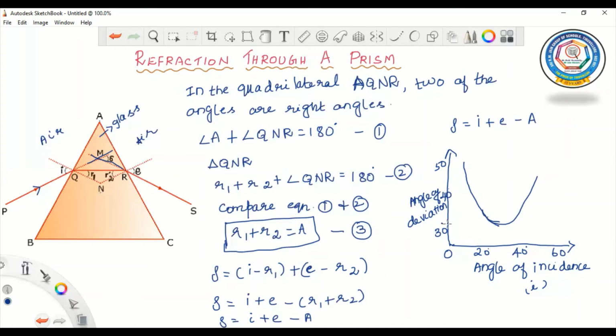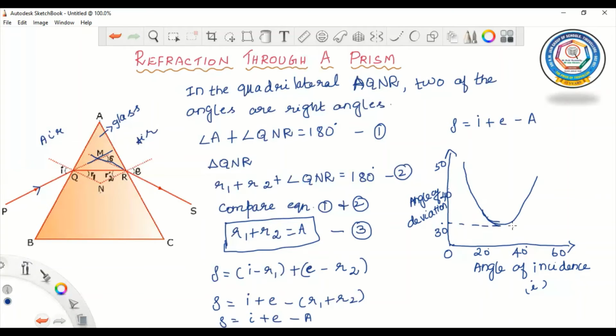So now let us consider here is the angle. This point. The minimum value of angle of deviation of the ray of light passing through the prism is called angle of minimum deviation. Okay.